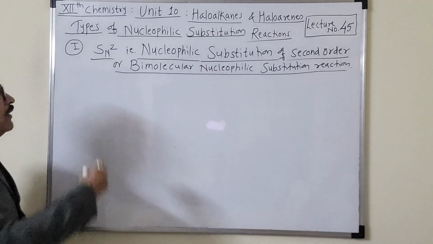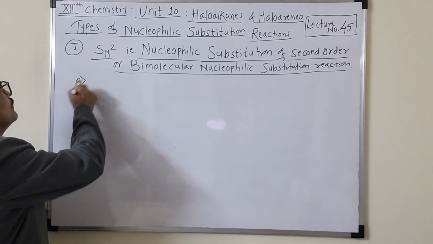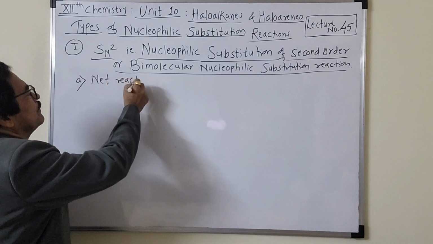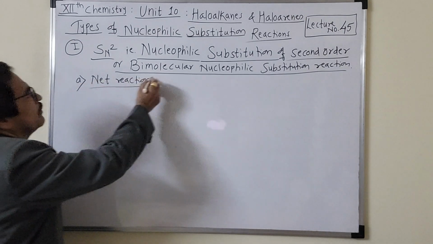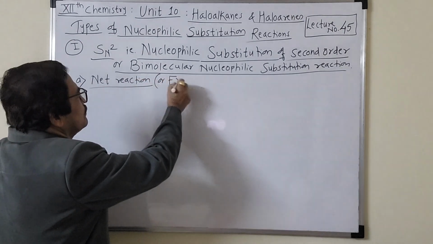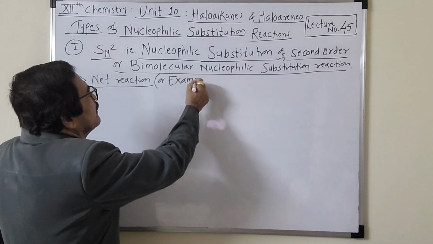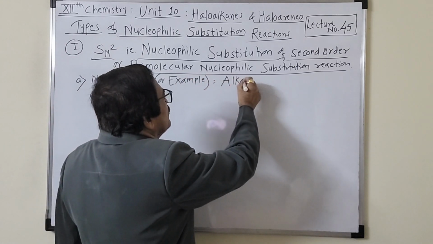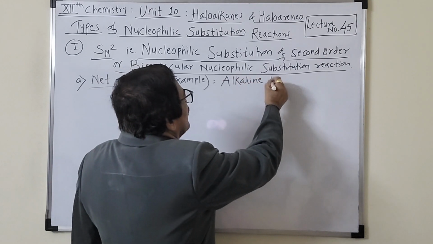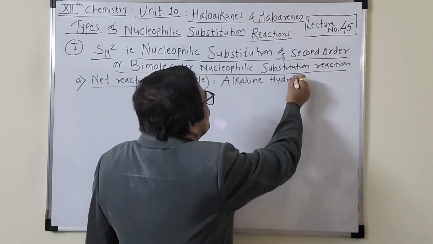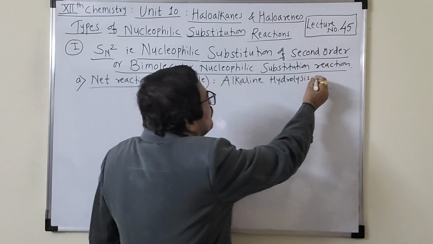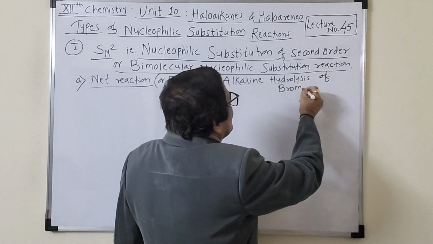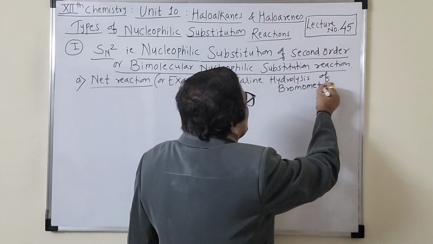First of all, we shall take its example. The example of this reaction is alkaline hydrolysis of bromomethane, which is known as methyl bromide.